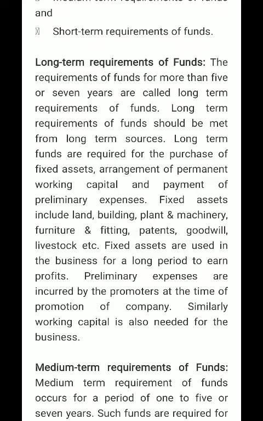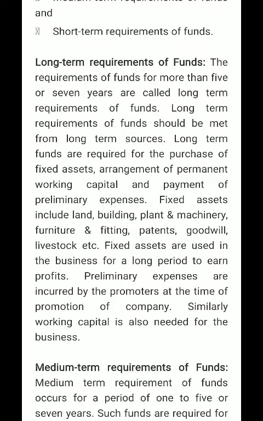Long term funds are required for the purchase of fixed assets, arrangement of the permanent working capital, and the payment of preliminary expenses. Fixed assets include land, building, plant and machinery, furniture, etc.